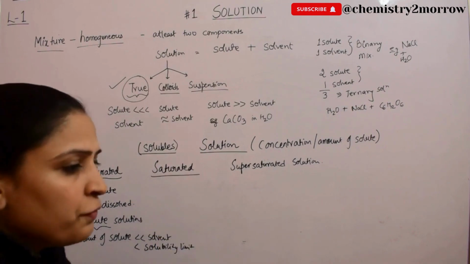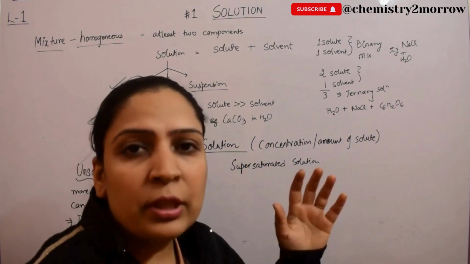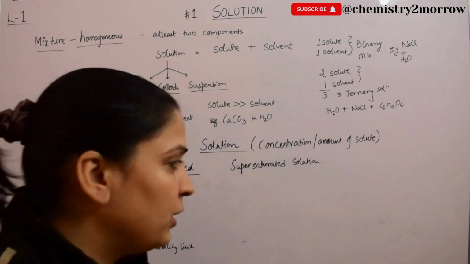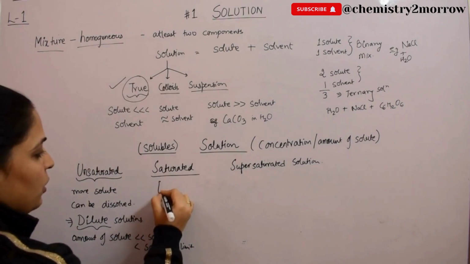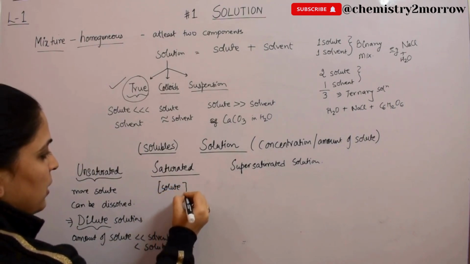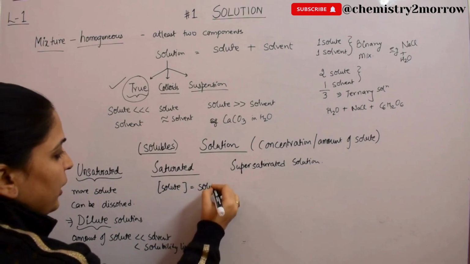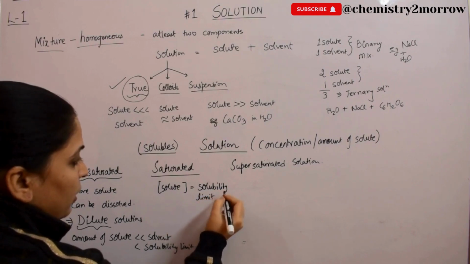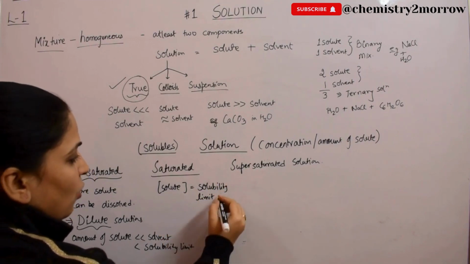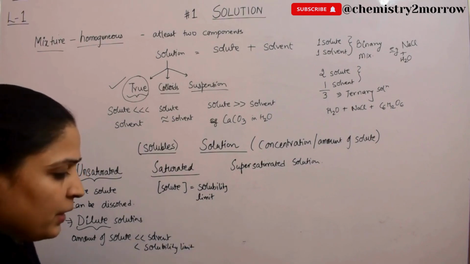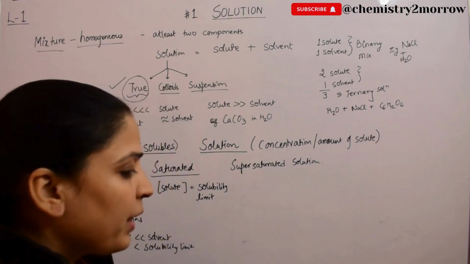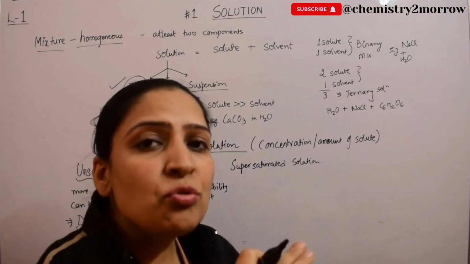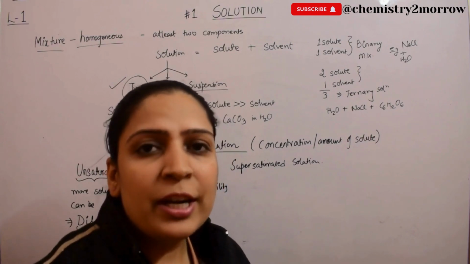Saturated means it is completely filled, nothing can be added more than that. So it is the upper limit of solubility, when the amount of solute is equal to the solubility of the solute in that solvent. Suppose upon keeping on adding sodium chloride in water, I reach a point where no more sodium chloride can dissolve.